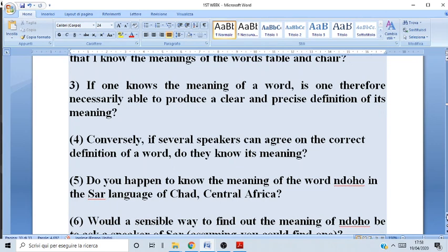If one knows the meaning of a word, is one therefore necessarily able to produce a clear and precise definition of its meaning? Conversely, if several speakers can agree on the correct definition of their word, do they know its meaning?